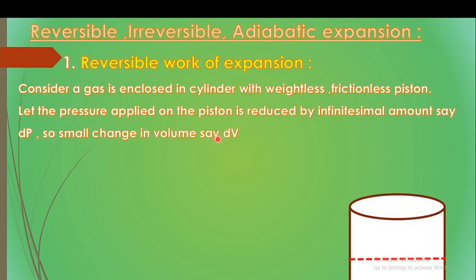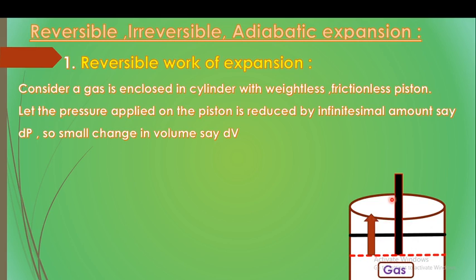This is the cylinder, the gas is enclosed in it, and this is the piston. The pressure applied on the gas is P, and the pressure applied by the atmosphere is P. The small change in volume is written here as dl, or also called dV, the small change in the volume.